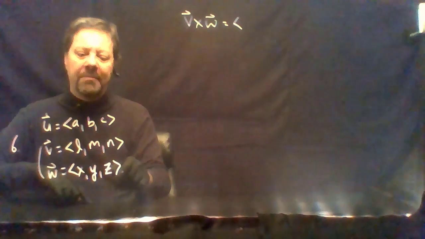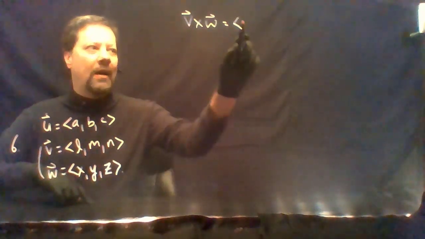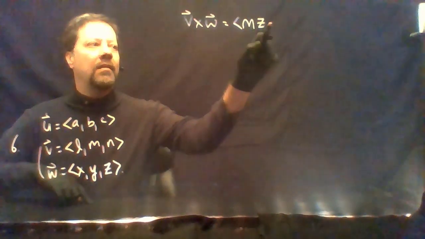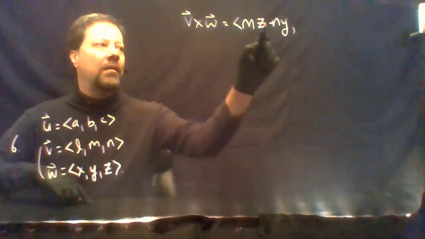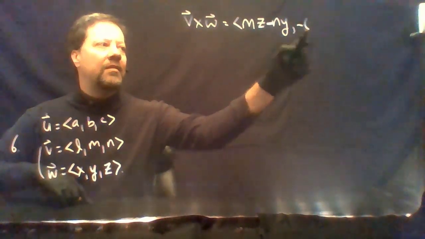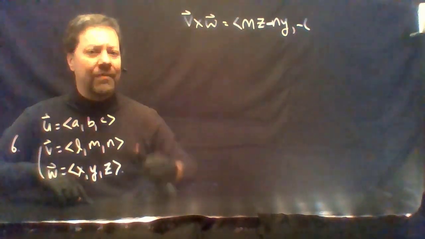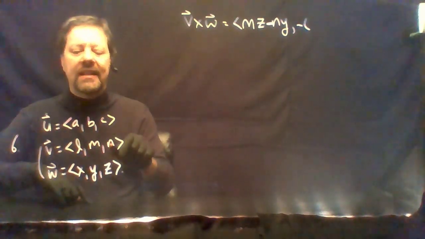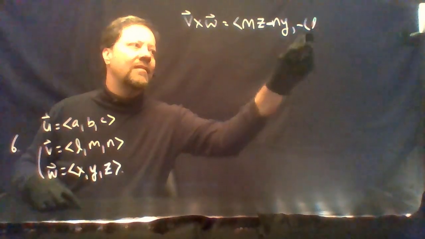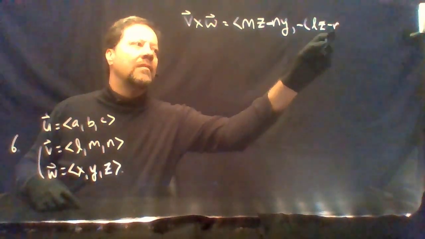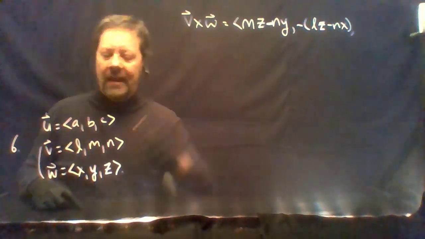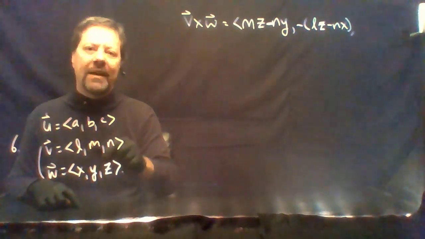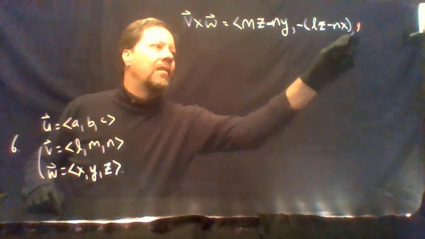Then what is v cross w? It is MZ minus NY, comma, preemptively put that minus for the middle cofactor in the second coordinate, LZ minus NX, and then LY minus MX.